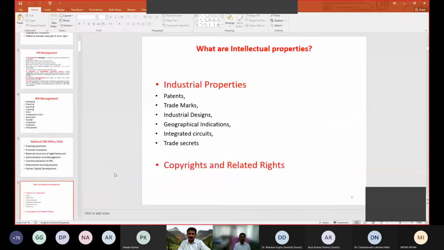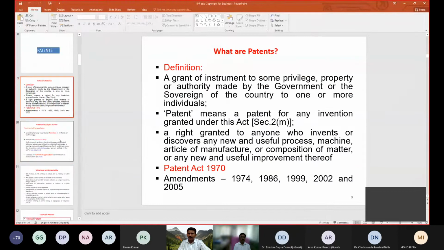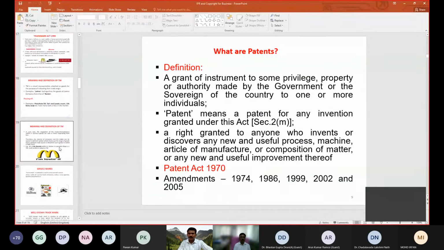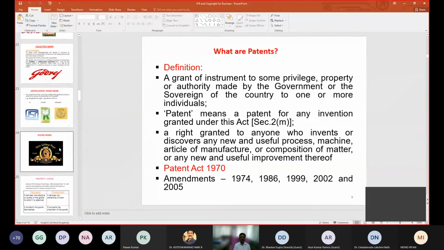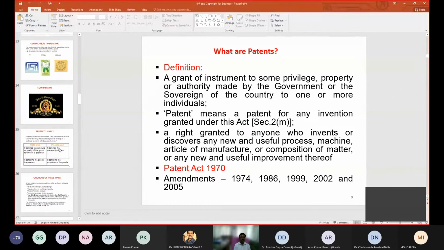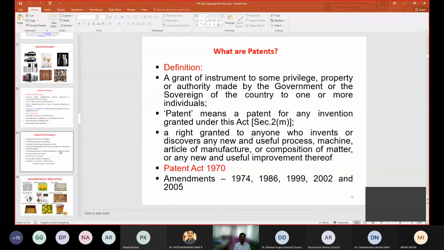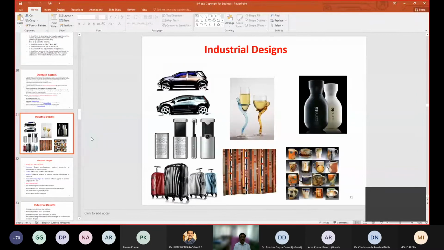Screen sharing. Okay. So I'm skipping a few things and going directly to design because these have been covered by others. Industrial design, geographical indications and plant varieties are the three important things I'm going to cover in my presentation today.